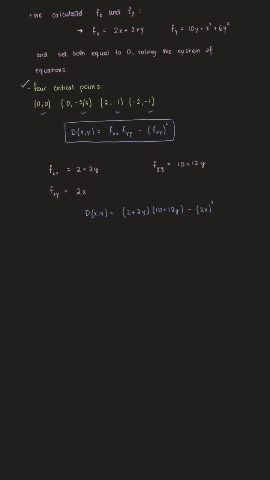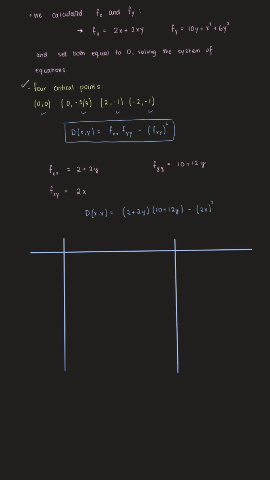Instead, I'm just going to make a chart that's going to help us keep track of our extreme values, our classification. So let's do that. I'm going to list each of our critical points in one column. In the second column, I'm going to calculate our discriminant. And in the third column, we'll do our classification. So let's write that down.